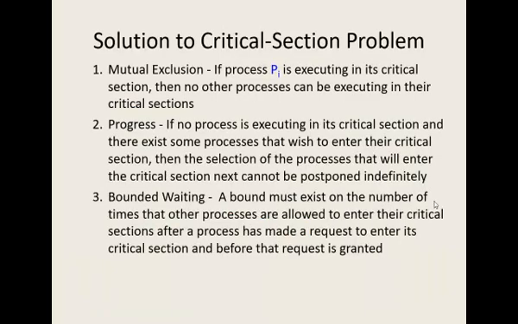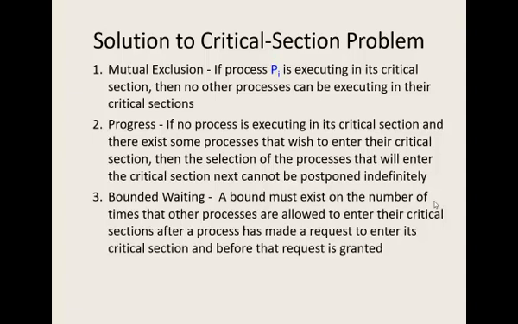Then the progress condition. If no process is executing in the critical region, then one process can enter the critical region, compute the operation, and when it completes the critical region, it should allow the other process to enter its critical region.